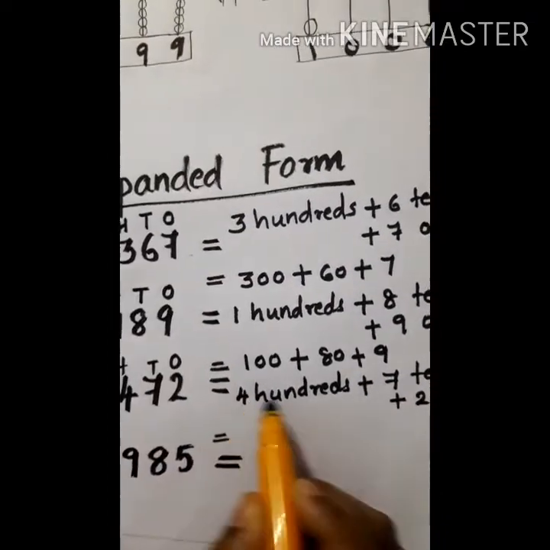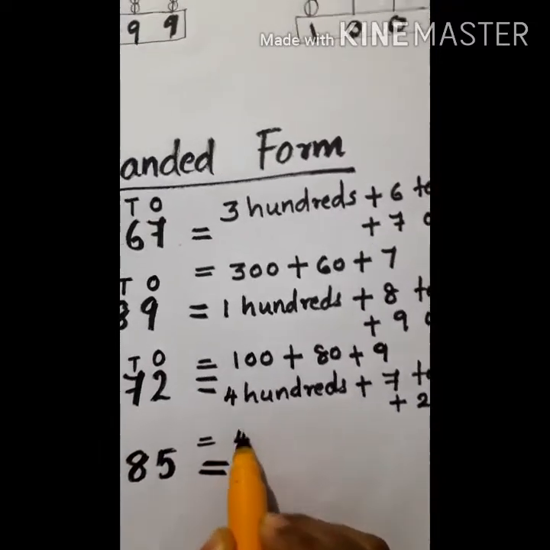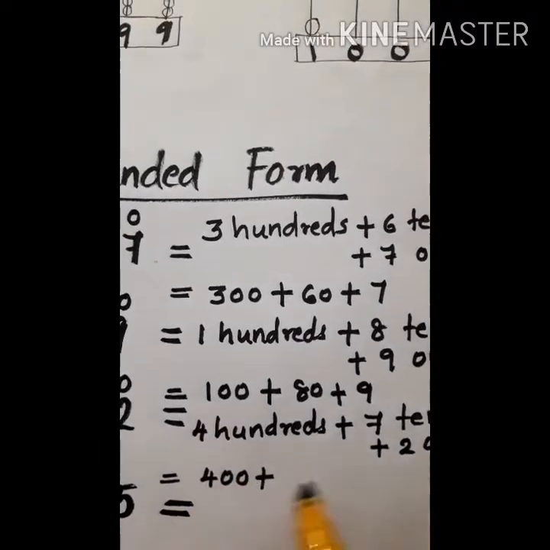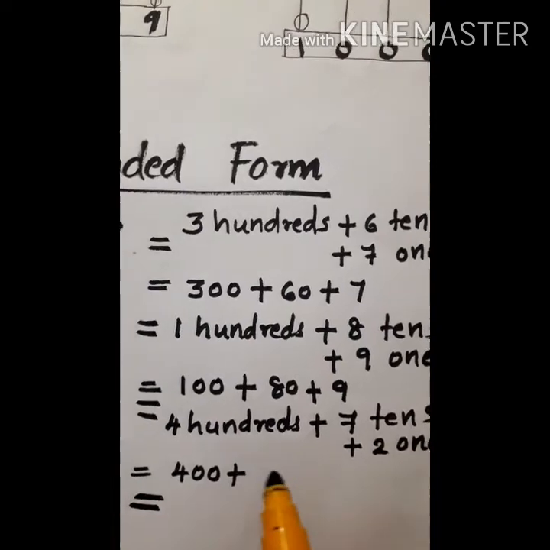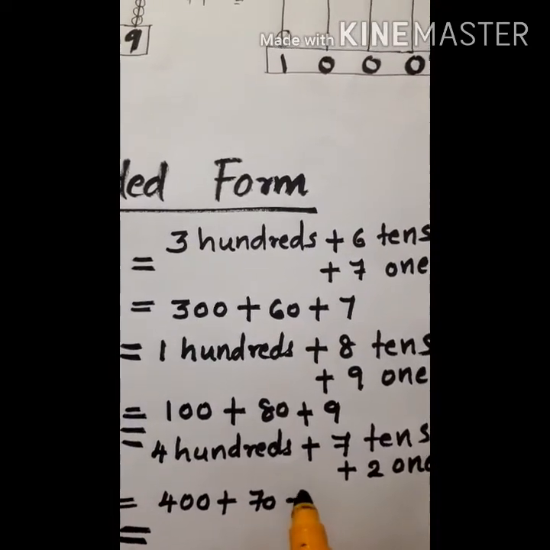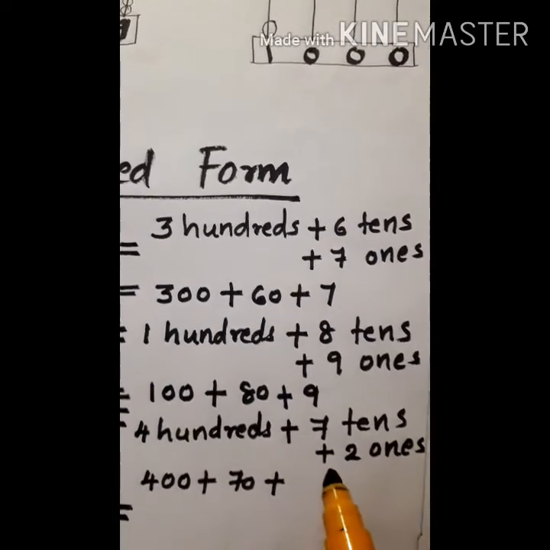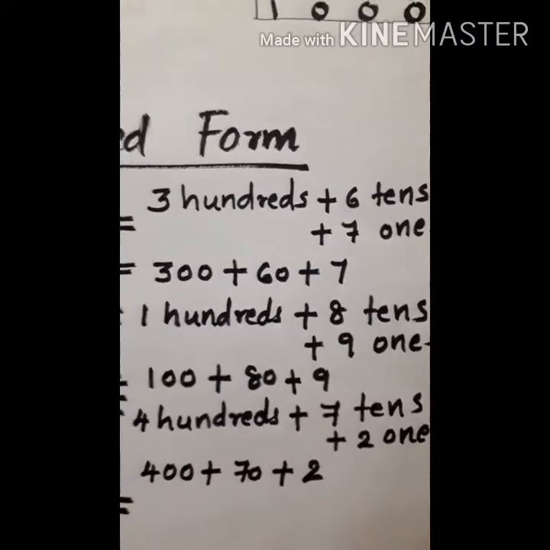Again, 4 hundreds means 400, plus 7 tens means 7 into 10, 70, plus 2 ones means 2 into 1, 2.